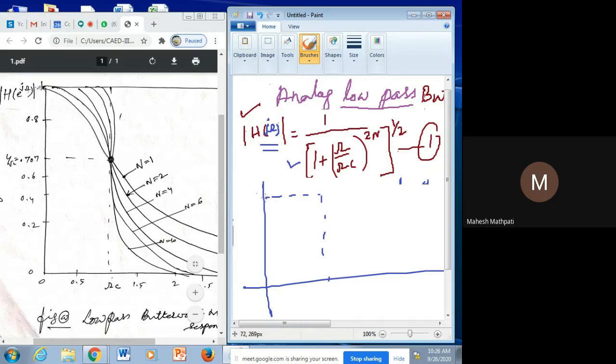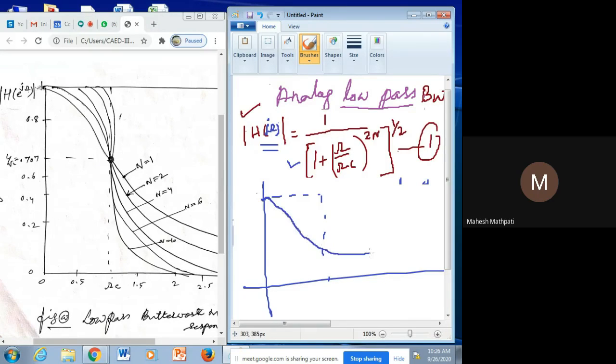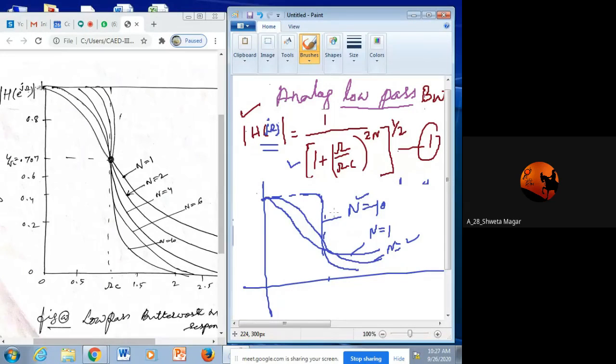If this is for N equals 1, and this is for N equals 2, and suppose my N is 10, then it comes like this. So this is N equals 10. So what does this mean? As the value of N increases, your graph is approaching the ideal frequency characteristics. Getting my point? Okay, so this is the fourth point.